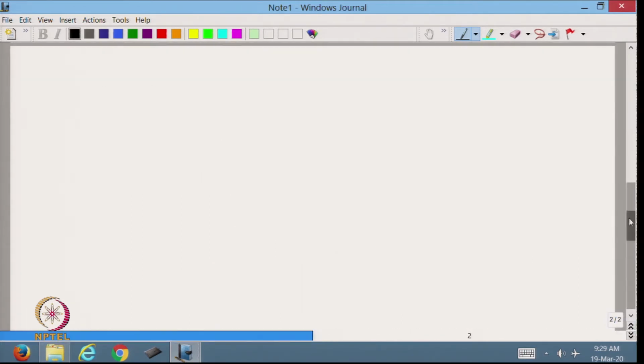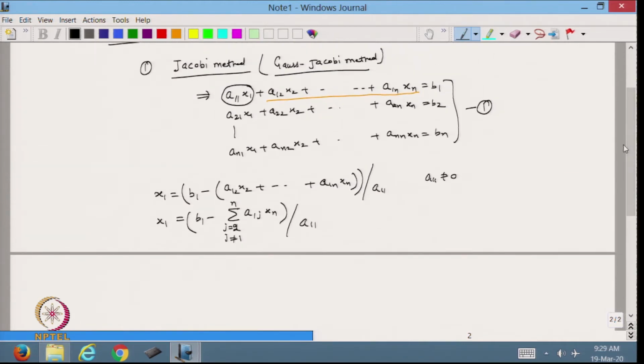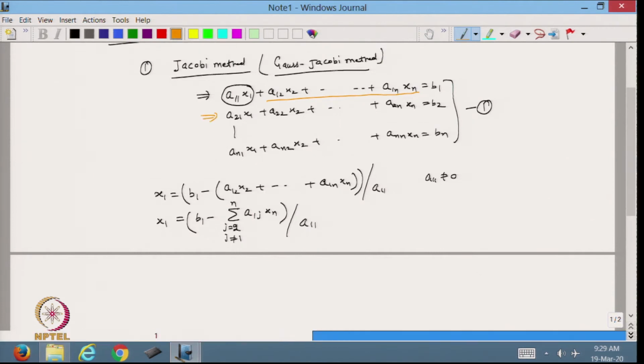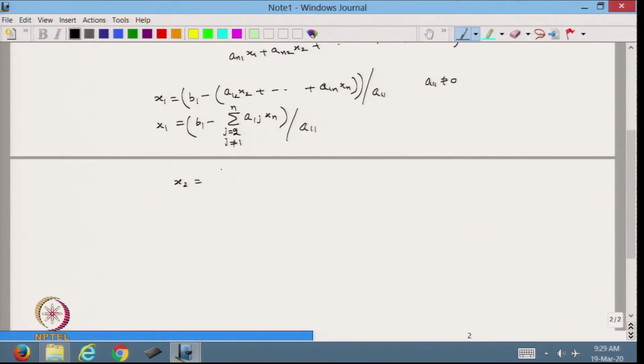Now, the same way, this is my second row. I will rewrite the second row the same way, and from there I will take the element x2, and then I take b2 minus a21 x1 plus a23 x3 and so on up to a2n xn, and then I divide it by a22.